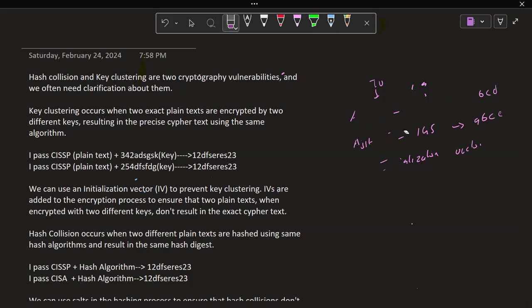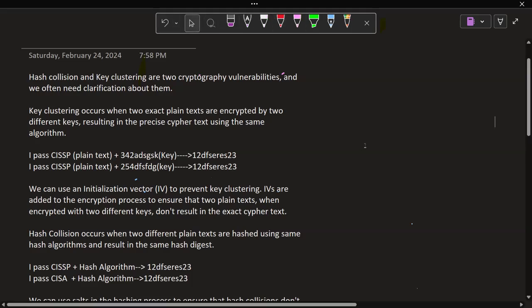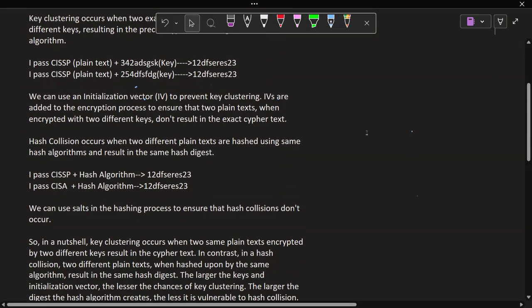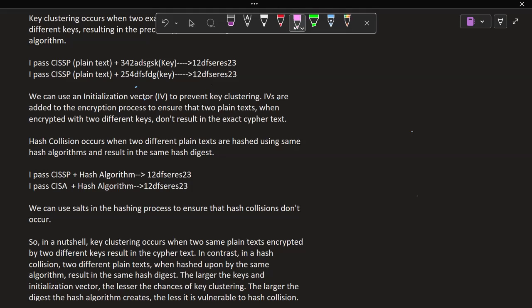Now let's focus on hash collision. Sometimes people get confused between these two terms, key clustering and hash collision, and they are different. How are they different? I'll tell you. Key clustering means when two same plain texts, when encrypted by two different keys, result in the same ciphertext.